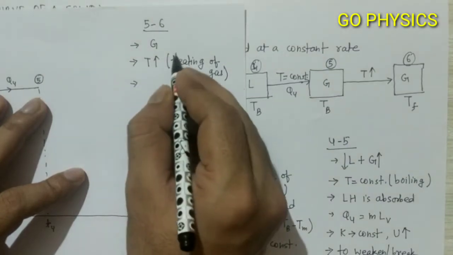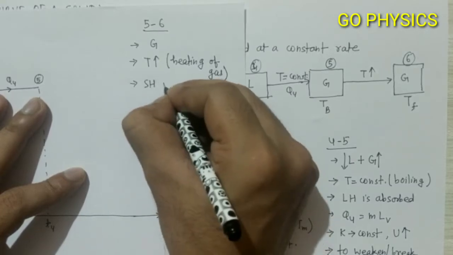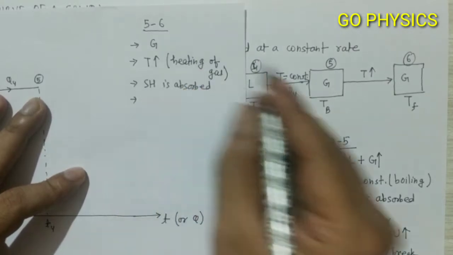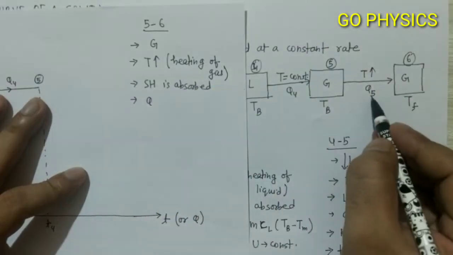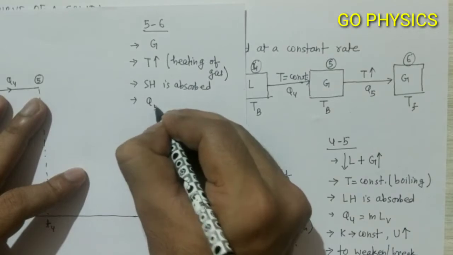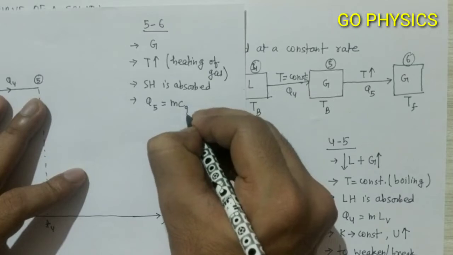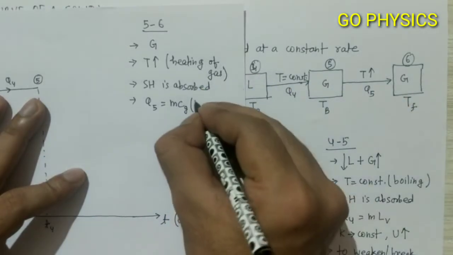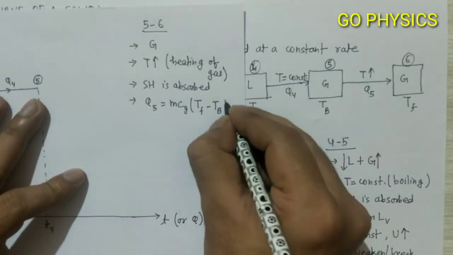Since temperature is continuously rising, this is sensible heat, and this sensible heat is absorbed by the gas. Let us suppose Q5 is the amount of sensible heat absorbed to change the temperature of the gas from temperature Tb to Tf. So Q5 will be equal to mass times the specific heat capacity of the gas multiplied by delta T. And what is delta T here? Tf minus Tb, that is final temperature minus initial temperature, and the initial temperature is Tb here.